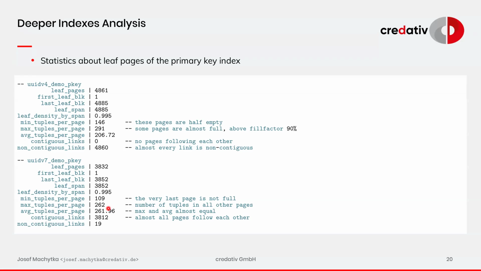So you can see that on average, the difference is around 60 tuples per index page.